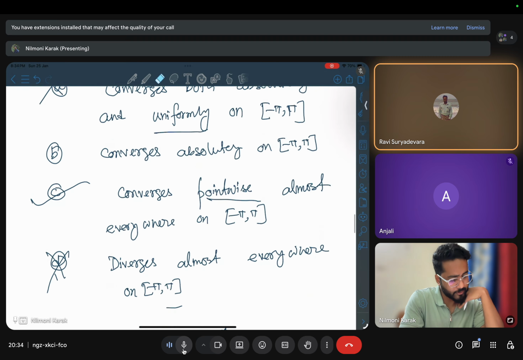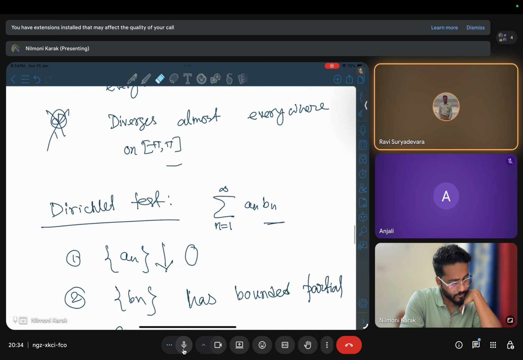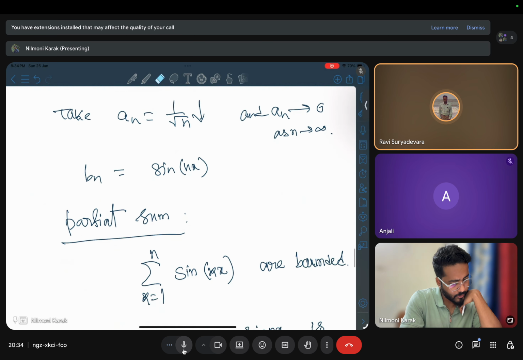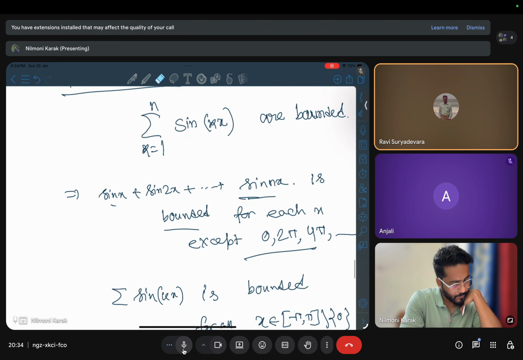Then why do we say at zero it is divergent, and therefore almost convergent? Every other point it is convergent except zero, you are saying.